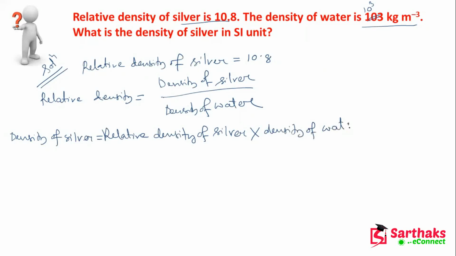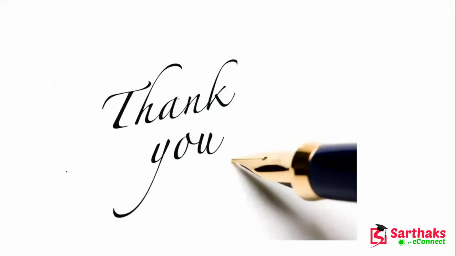Substituting the values, that is 10.8 into 10 to the power 3 kg per meter cube. So this is the density of silver.